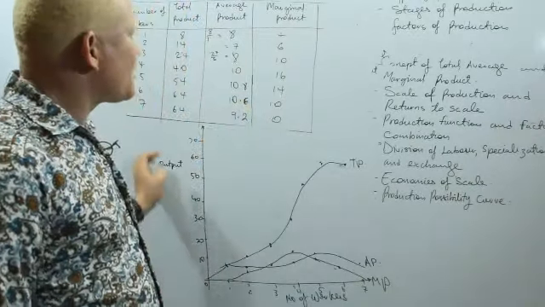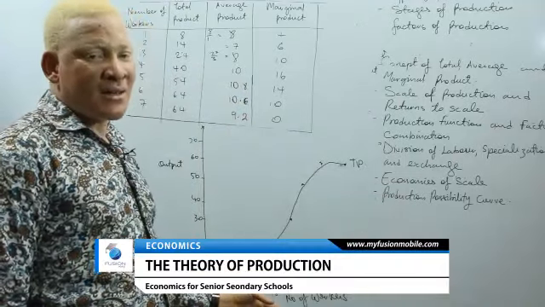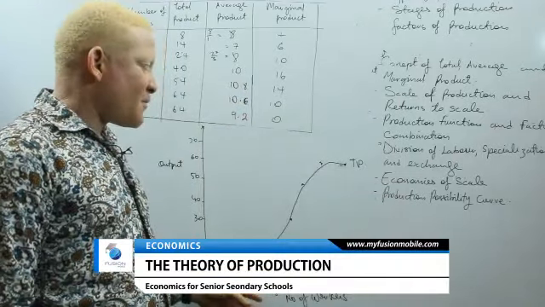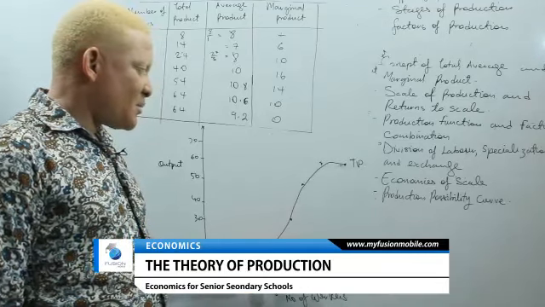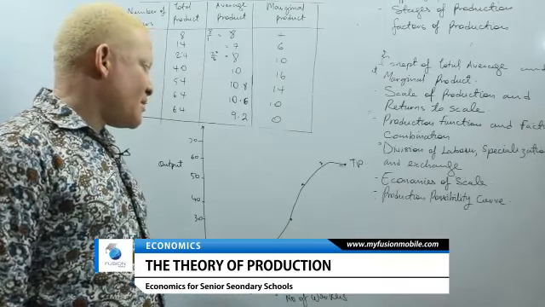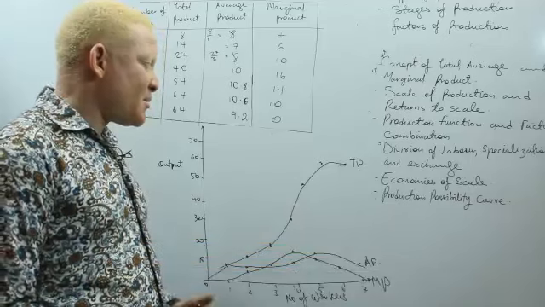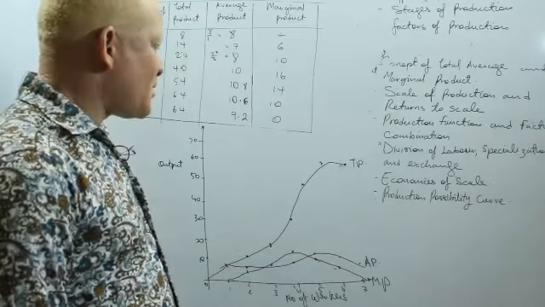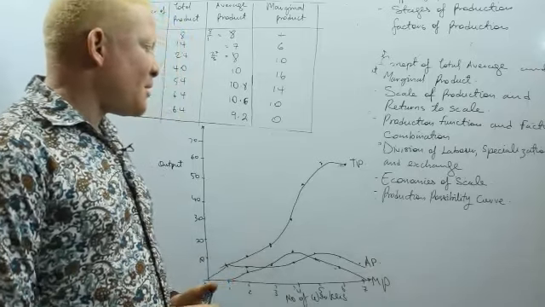Graphing out the values on the table, we have something that looks like this. That is the graph. From what we explained earlier, at the maximum point of the marginal product, there is constant returns to scale, and the average product is still below the marginal product.